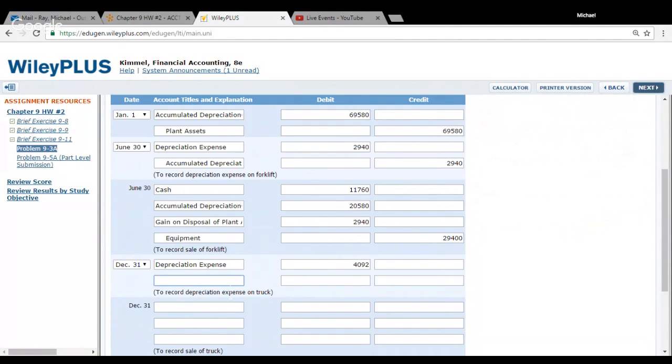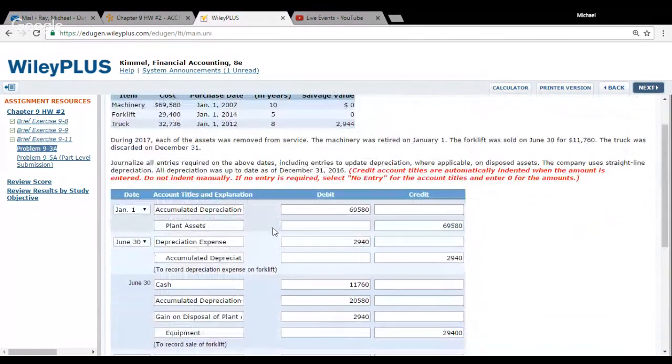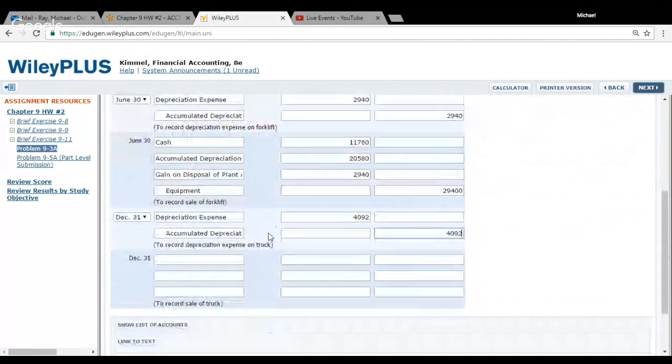And then we have accumulated depreciation. The equipment, truck would be considered equipment, 4,092. Perfect. And so now we're moving on. This says to record the sale of the truck, but really what they're doing is just discarding the truck.